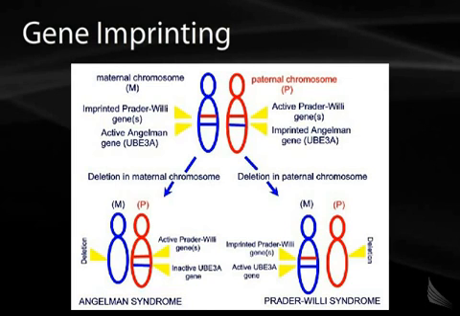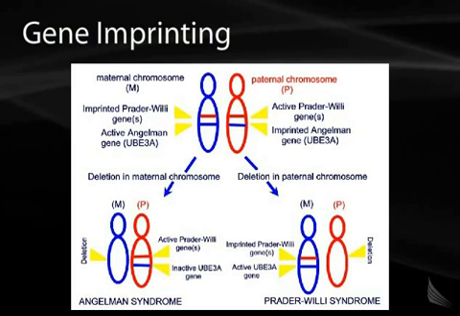Now, go look at the other side down to the right. Let's say instead of deleting those genes from the maternal chromosome, we delete them from the paternal chromosome. If we do that, what do we have left? We have an imprinted Prader-Willi and an active Angelman gene. That active Angelman gene is making the protein, so that child won't develop Angelman syndrome, but the Prader-Willi gene is imprinted on the maternal side.